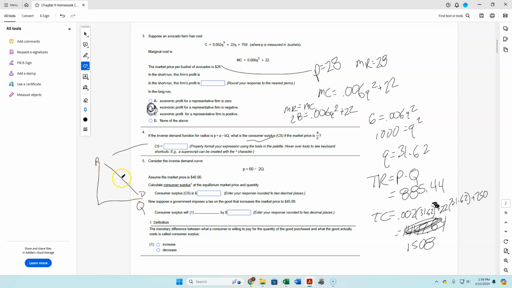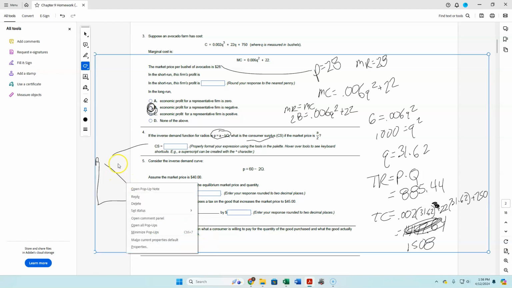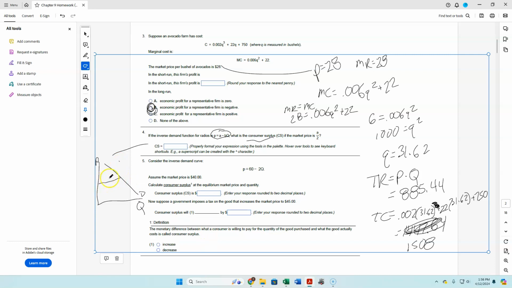So we've got a general form of the inverse function of P equals A minus b Q. And we're trying to solve for this right here.